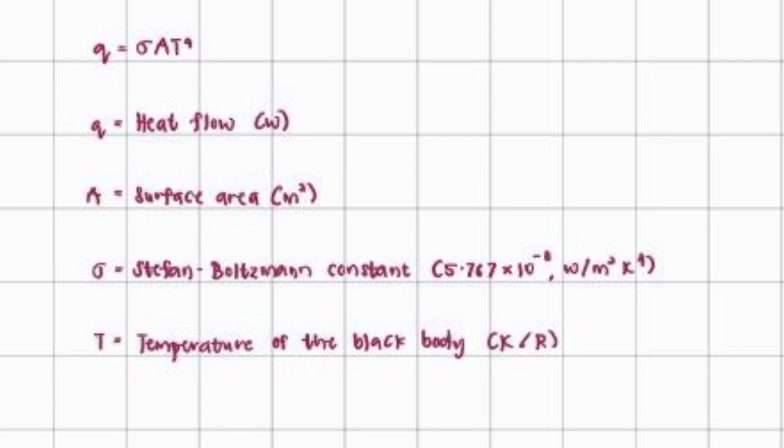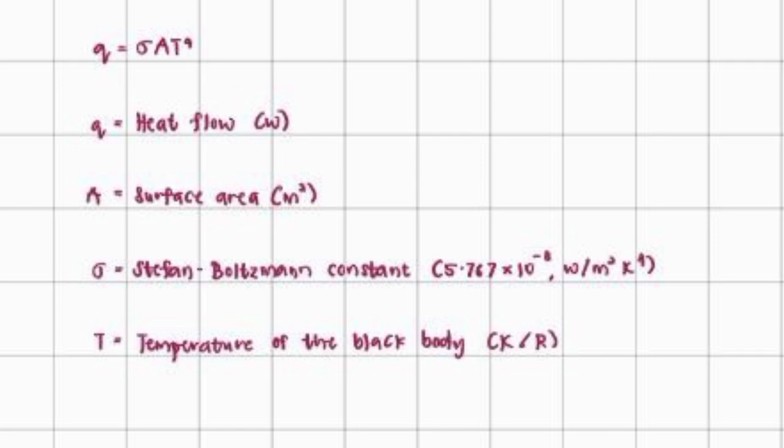A is the surface area, the total area of the radiating surface. Larger surfaces radiate more heat. And lastly, T is the surface temperature, the absolute temperature of the surface in Kelvin. The fourth power indicates that radiation increases exponentially with temperature. For instance, if T doubles, the radiation increases by 2 to the power of 4, which is 16 times.